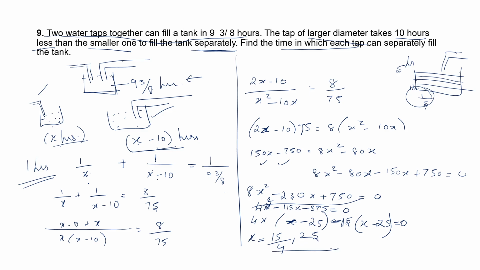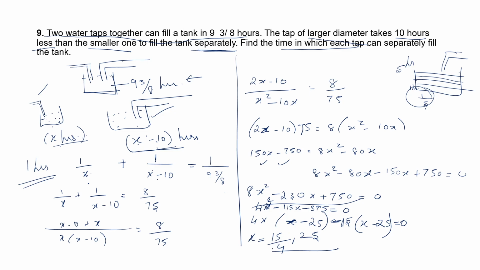Okay, so what is x? x is the smaller tap. The larger tap takes 10 hours less than the smaller tap. If x is 25, the larger tap will be 15. Here, 15 by 4, how much is the x value?